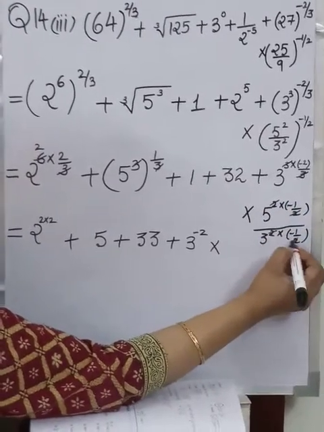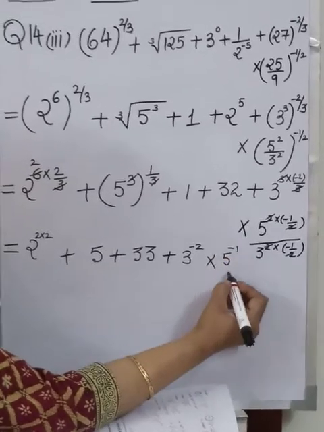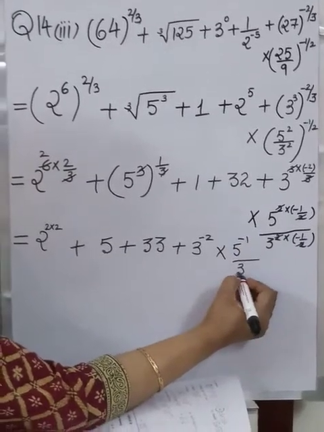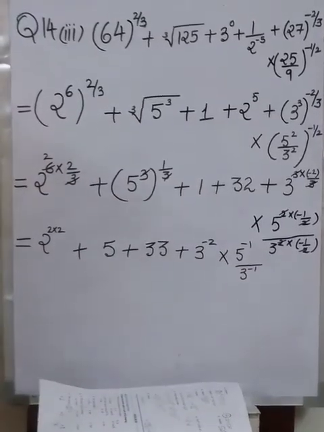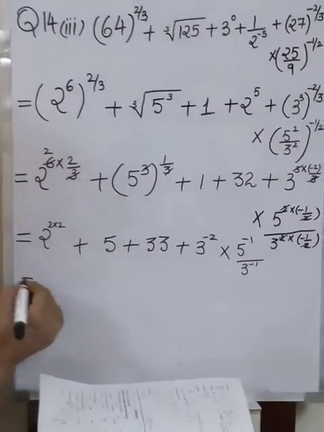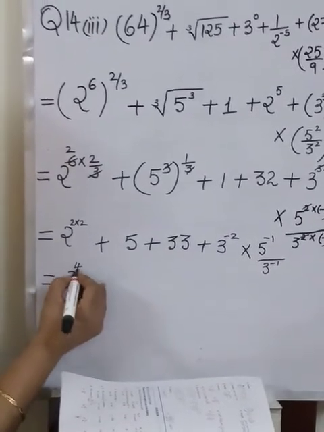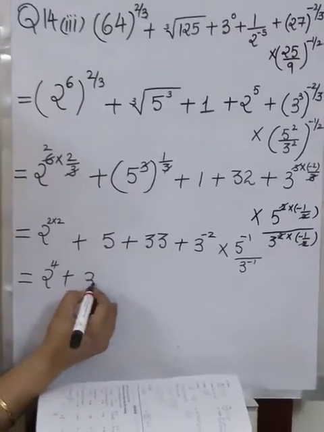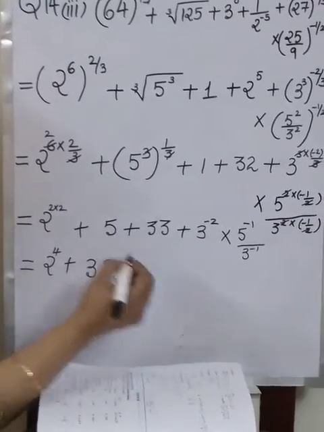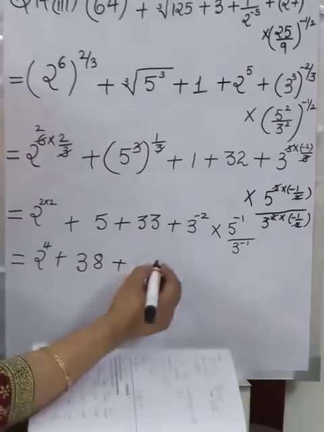Here also 2 gets cancelled. 5 to the power minus 1 and 3 to the power minus 1. Now 2 to the power 2 into 2 is becoming 2 to the power 4. 5 plus 33 will become 38.